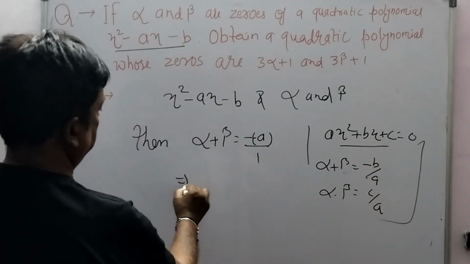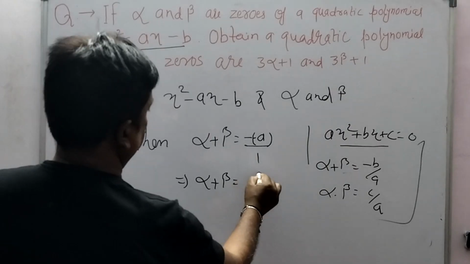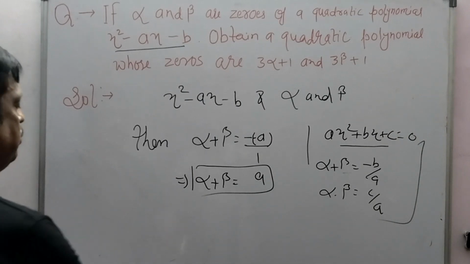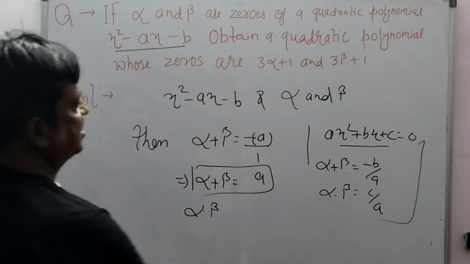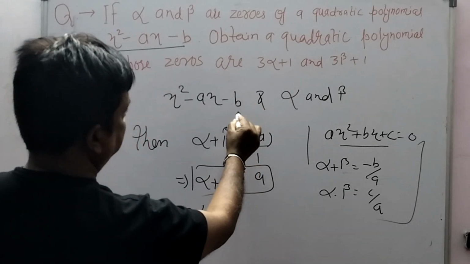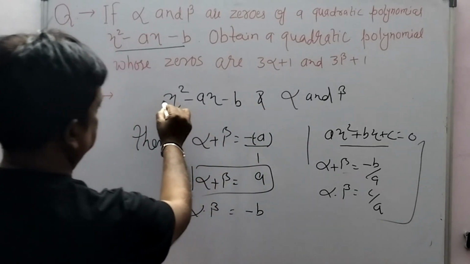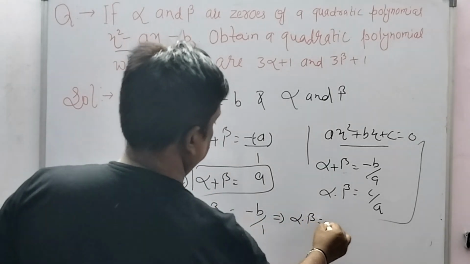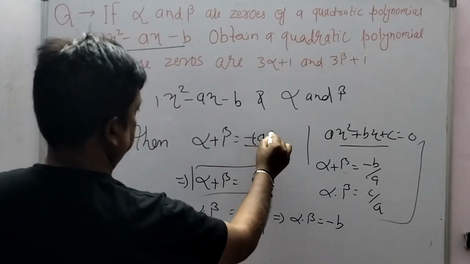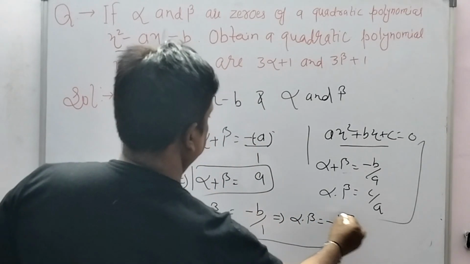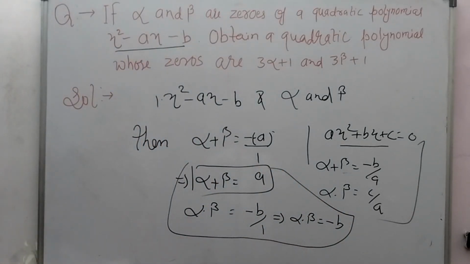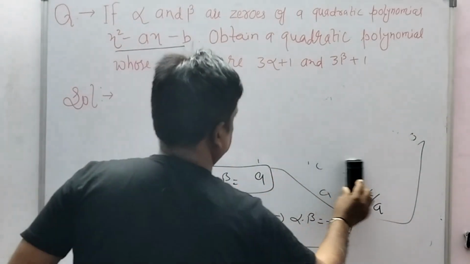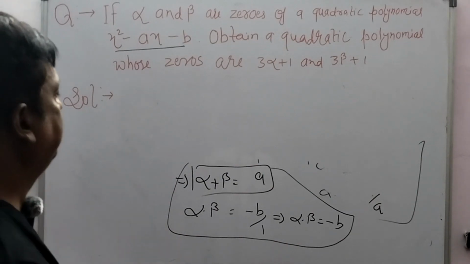That means alpha into beta equals minus b. So we should use these two relations: alpha plus beta equal to a, and alpha beta equal to minus b.